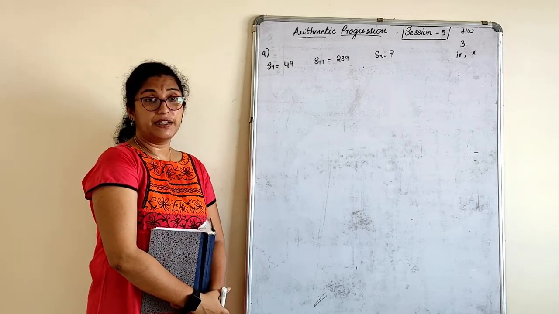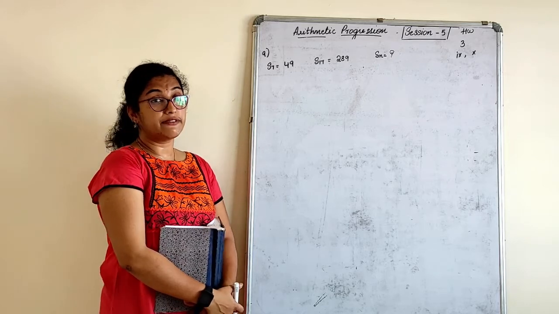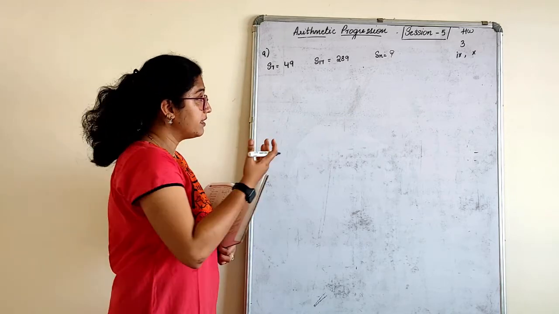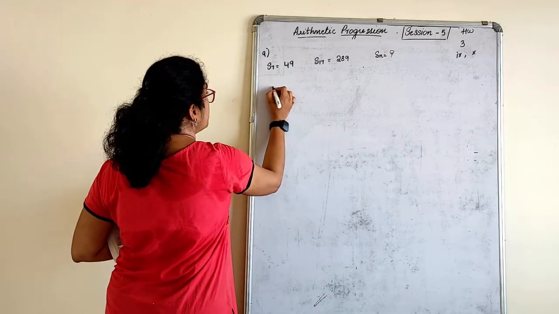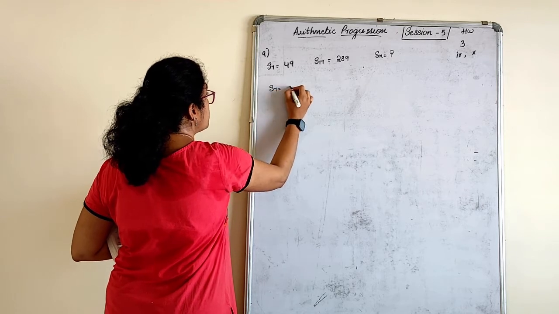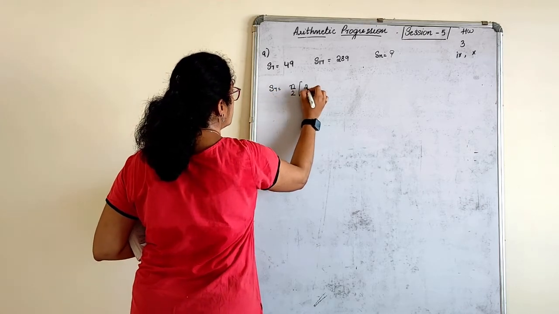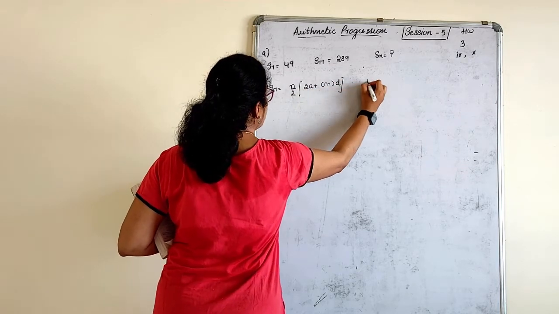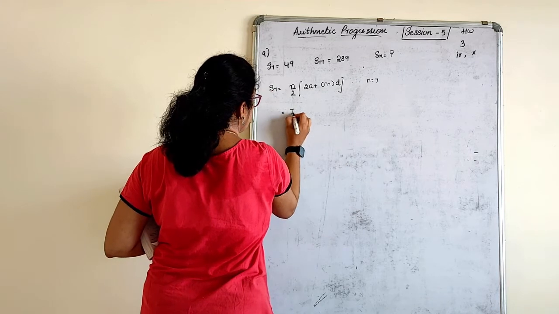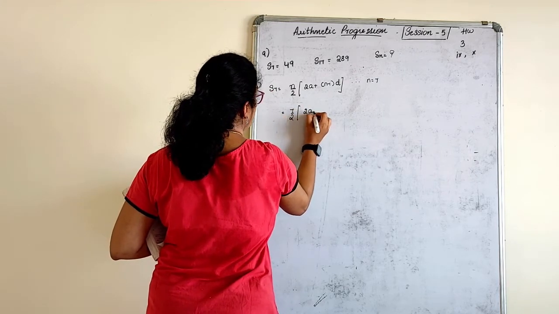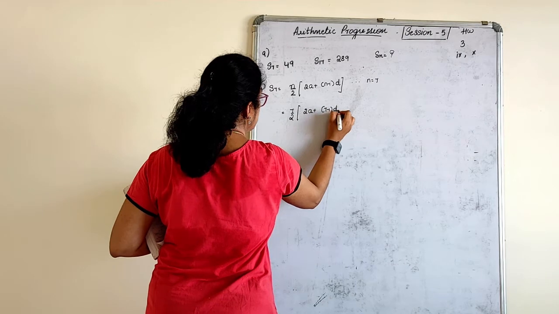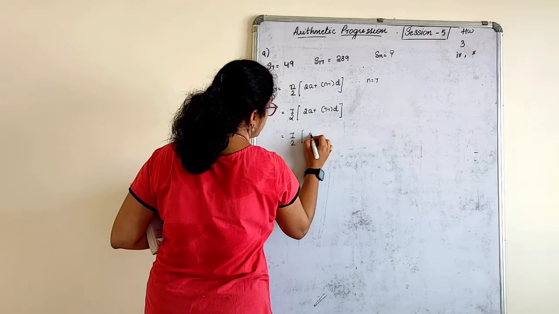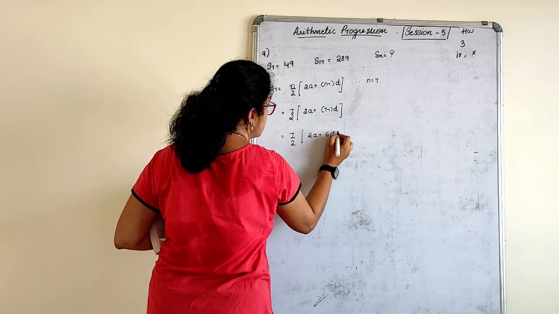How do we find A and the common difference? We get this in the form of linear equations in two variables. First of all, S7 is equal to n by 2, 2a plus n minus 1 of D, where n is 7. 7 by 2, 2a plus 7 minus 1 of D, 7 by 2, 2a plus 6D.